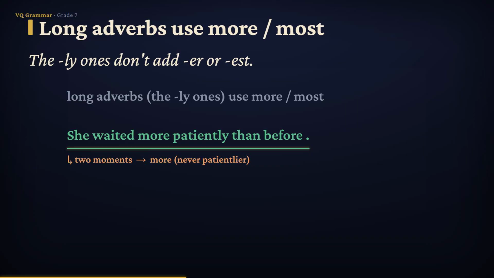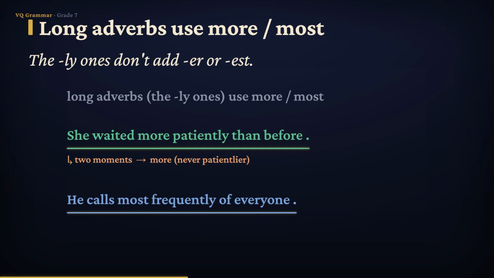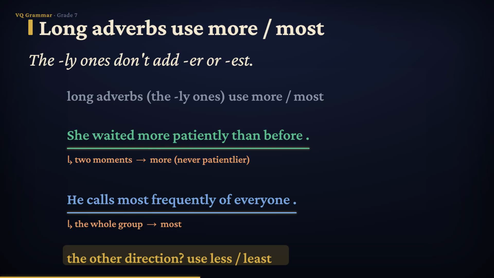And for a whole group, he calls most frequently of everyone. There, we use most frequently to crown the top of the group. One more thing. When you want to compare in the other direction, downward, you use less and least. So long adverbs lean on more, most, less, and least.